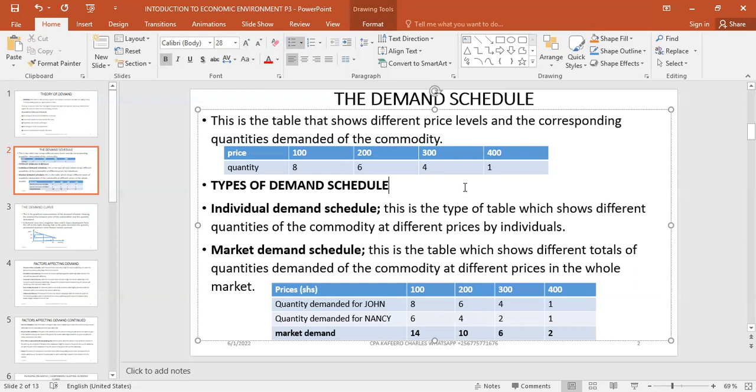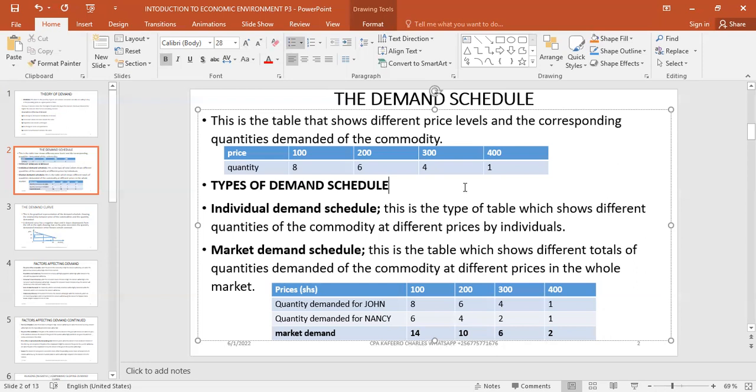So this is a table which shows different totals of quantities demanded of the commodity at different prices in the whole market or in the whole population. We expect that when you are computing the market demand schedule, we sum up the individual demand schedules.